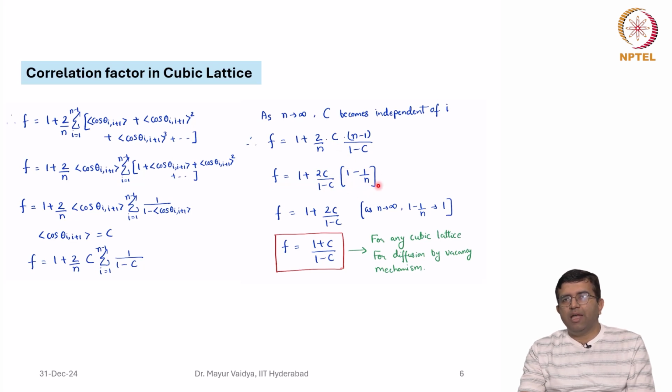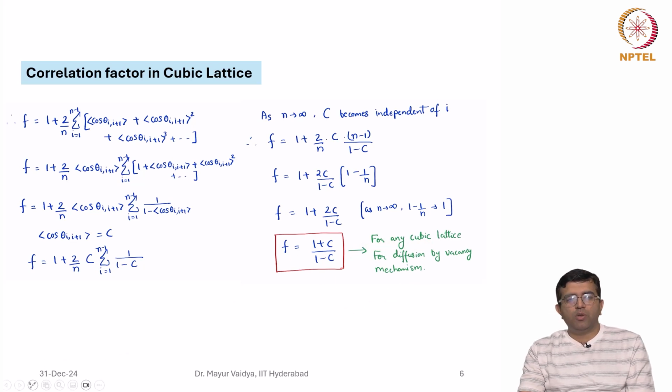Now, as n tends to infinity, this term will go to 0, and therefore, you will have f equal to 1 plus 2c by 1 minus c. And if you rearrange, you can write f is equal to 1 plus c by 1 minus c, where c is the average of cos theta I plus 1. So this holds for any cubic lattice, and this holds for diffusion by vacancy mechanism.